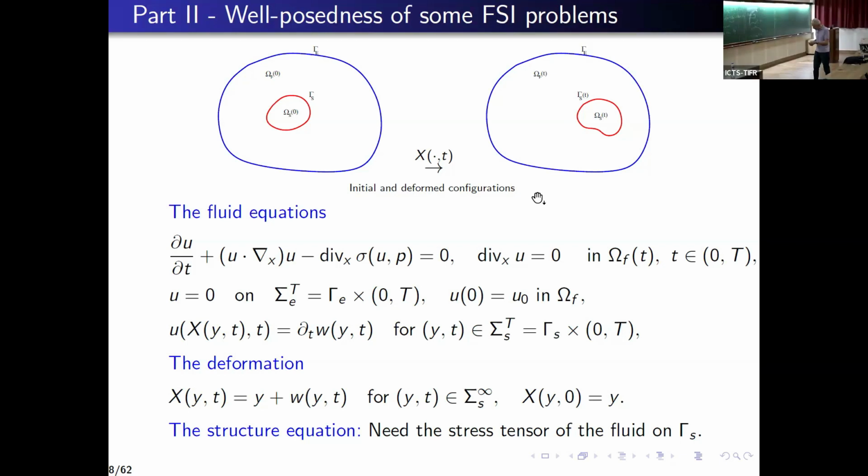But it means that I need to rewrite sigma not in this configuration, but in the initial configuration. This is why the problem is a little bit complicated. But for that, I need to know the transformation X and its inverse. But the choice for X is not unique.